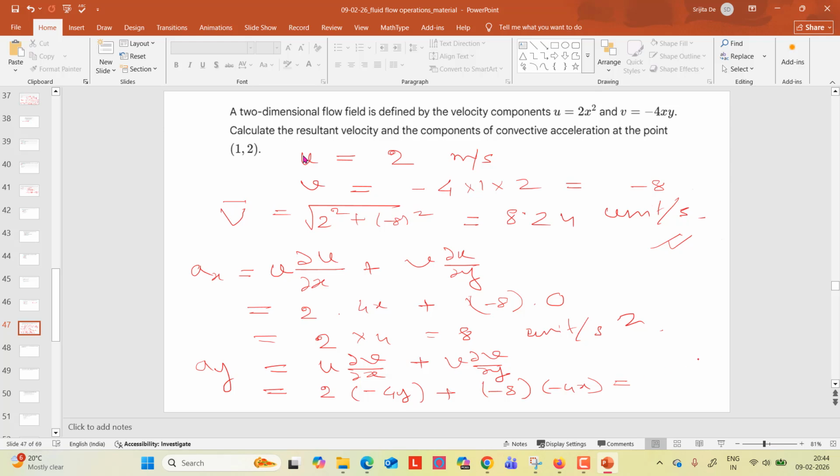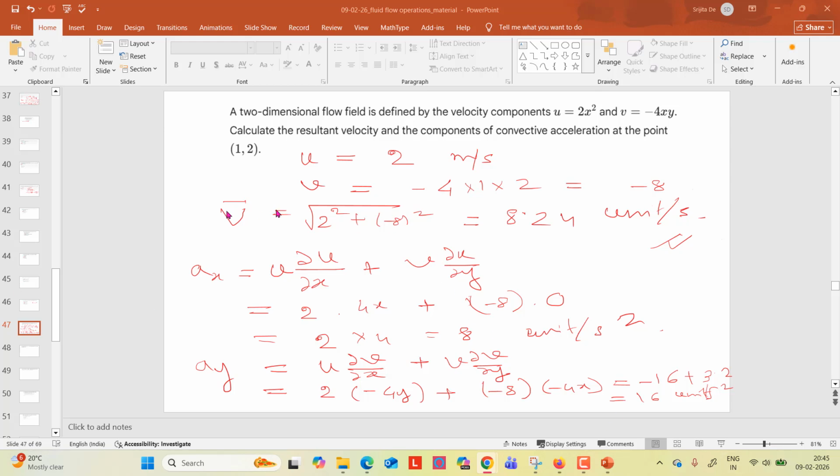Y is 2, so minus 16 plus 32, so this is 16 units per second square. These are the components of convective acceleration.